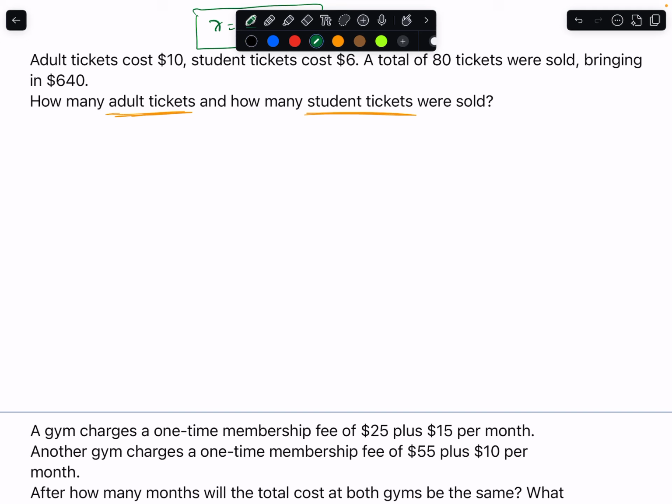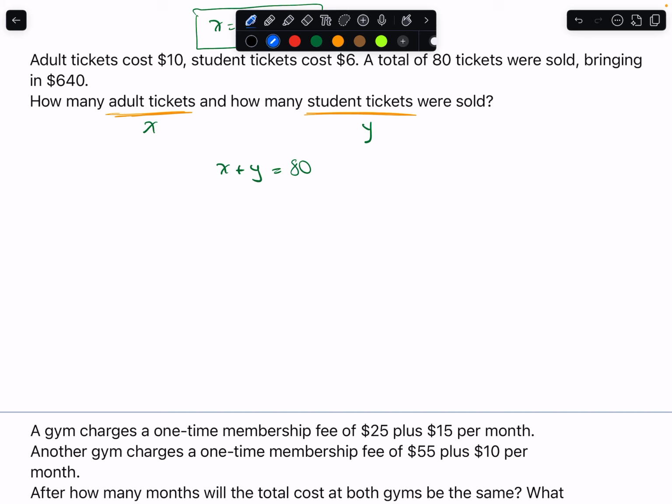In this situation, I will make adult tickets represented as X and student tickets represented as Y. These two tickets combined together, or X plus Y, representing adult and student, are a total of 80 tickets that were sold.